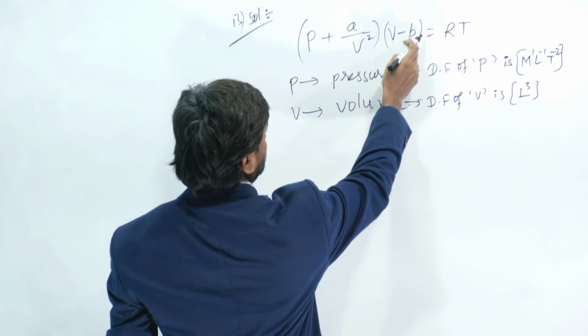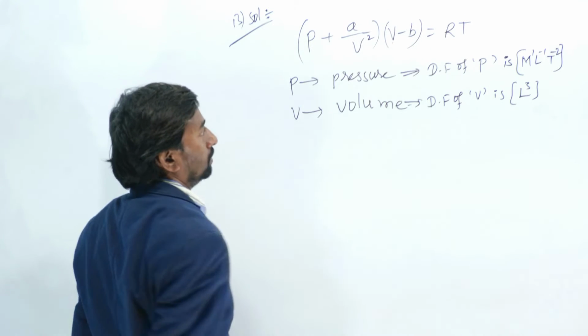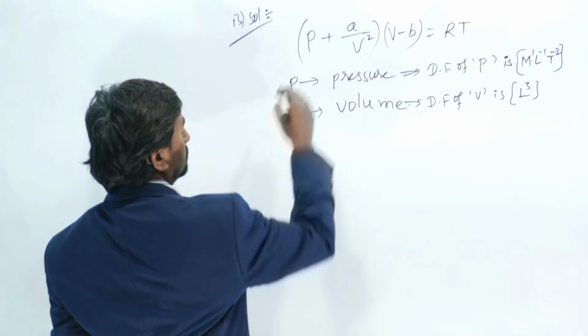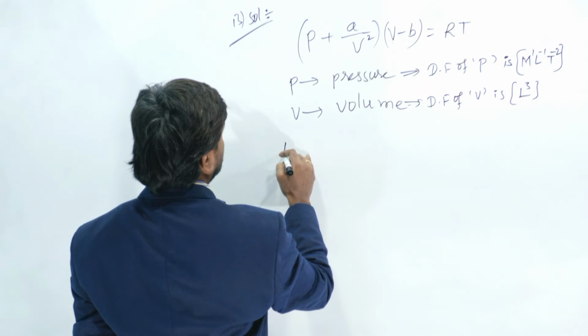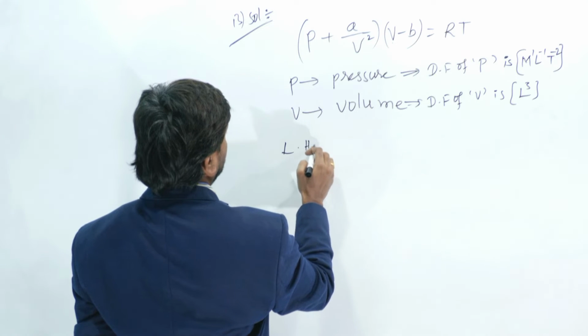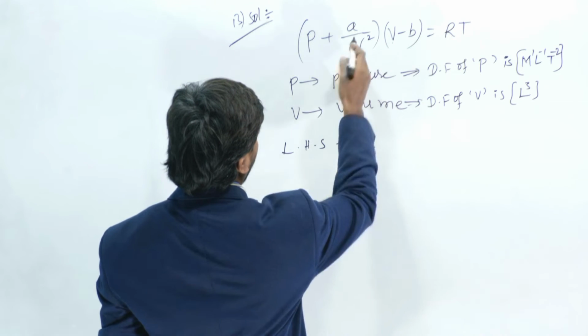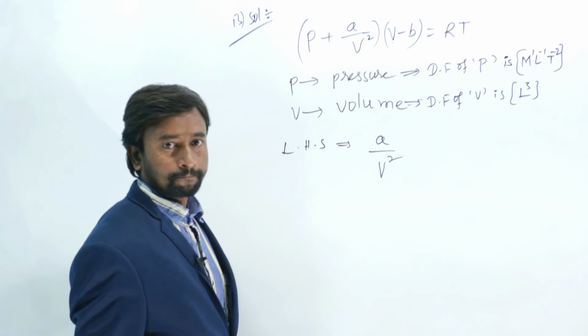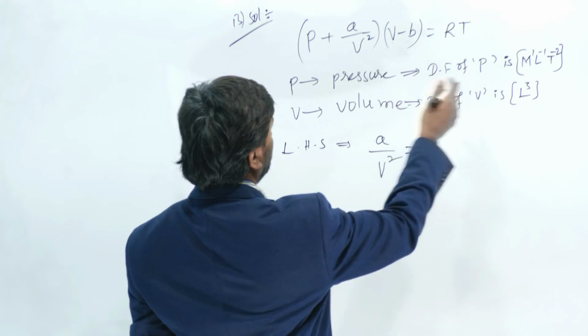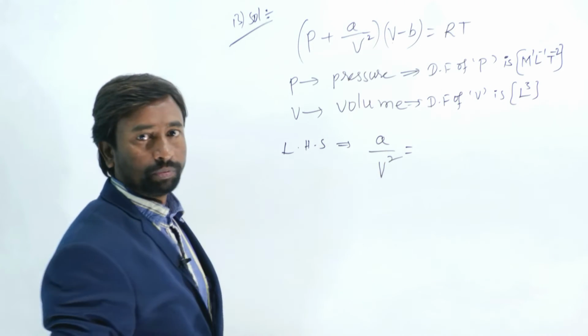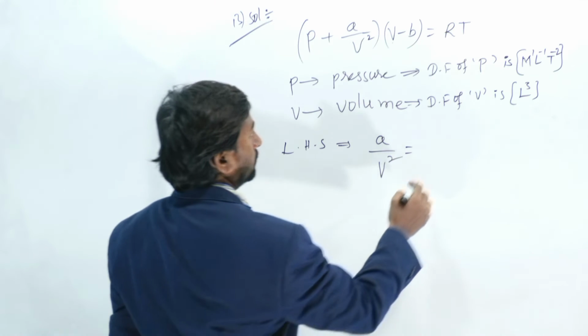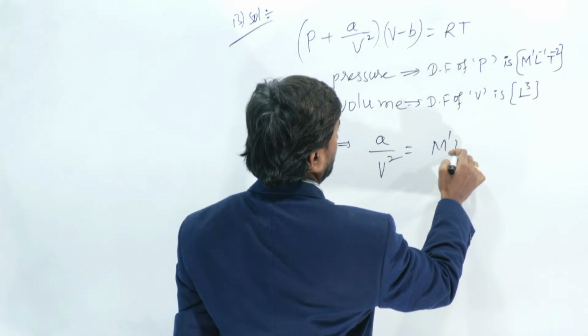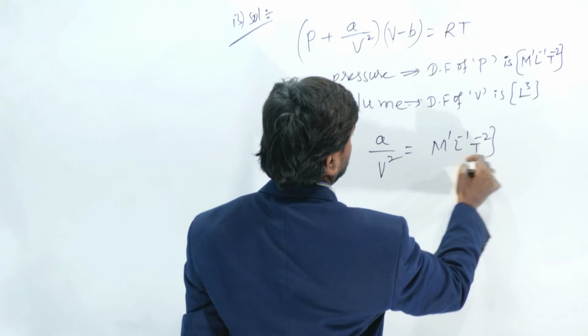From the LHS, we take A by V square. According to the principle of homogeneity, it should have the dimension formula equal to pressure. So we get M power 1, L power minus 1, T power minus 2.